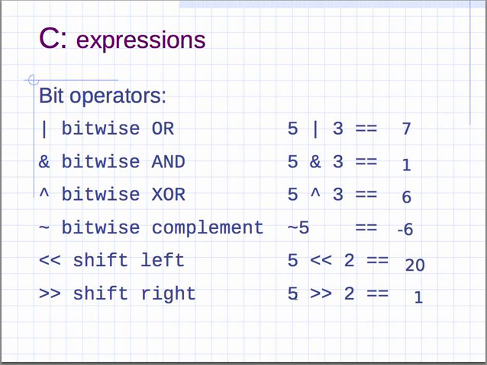And then you can also do shift right, which is a very efficient way of dividing. It turns out this is integer division, so shifting right 2 positions is the same as dividing by 4, integer division, and so that's why you get a 1.